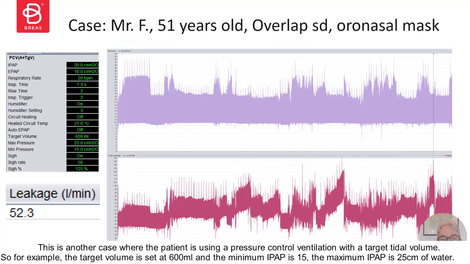This is another case where the patient is using a pressure control ventilation with a target tidal volume. So, for example, the target volume is set at 600 milliliters, and the minimum IPAP is 15, the maximum IPAP is 25 centimeters of water.